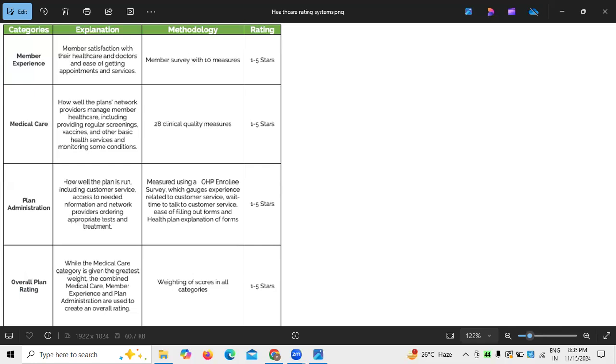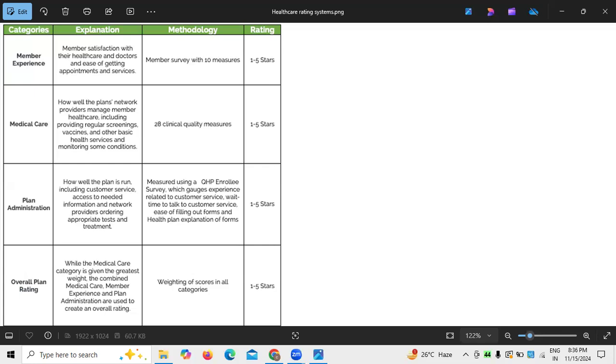So these are the categories we have whenever we are working on quality healthcare. These are the categories we will be using to provide quality rating systems for the health insurance plans, which are administered by CMS.